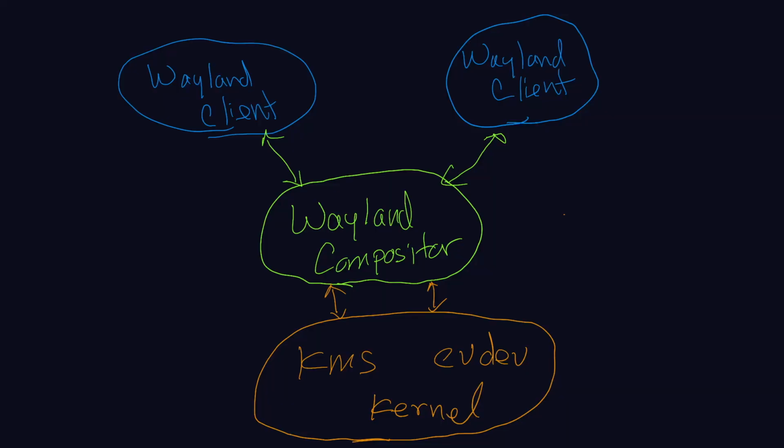So, enter Wayland. Wayland was begun by Kristian Høgsberg, an Xorg developer, as a personal project in 2008. It's a communication protocol that specifies communication between the display server and the clients. Wayland is actually a display server, but it also contains a compositor built into it, so it doesn't need a separate one.